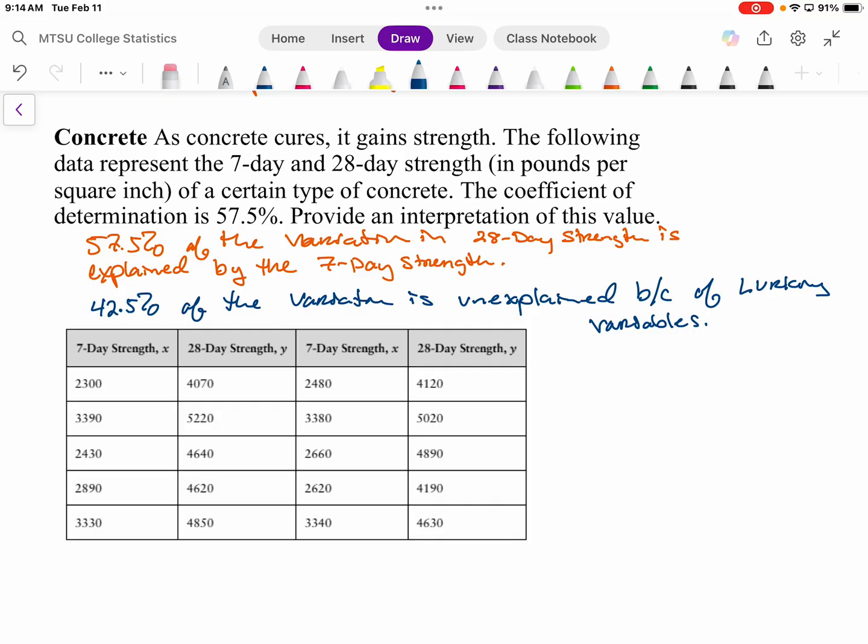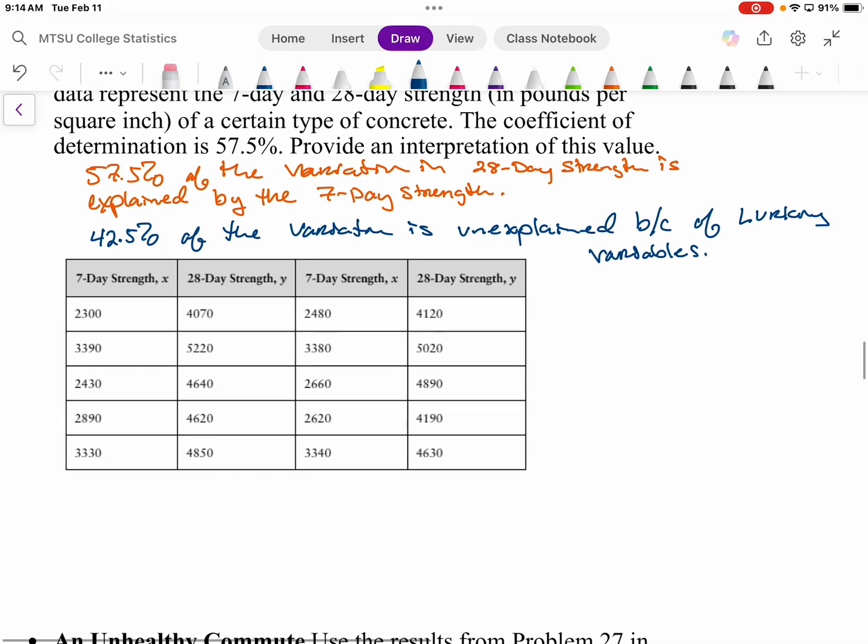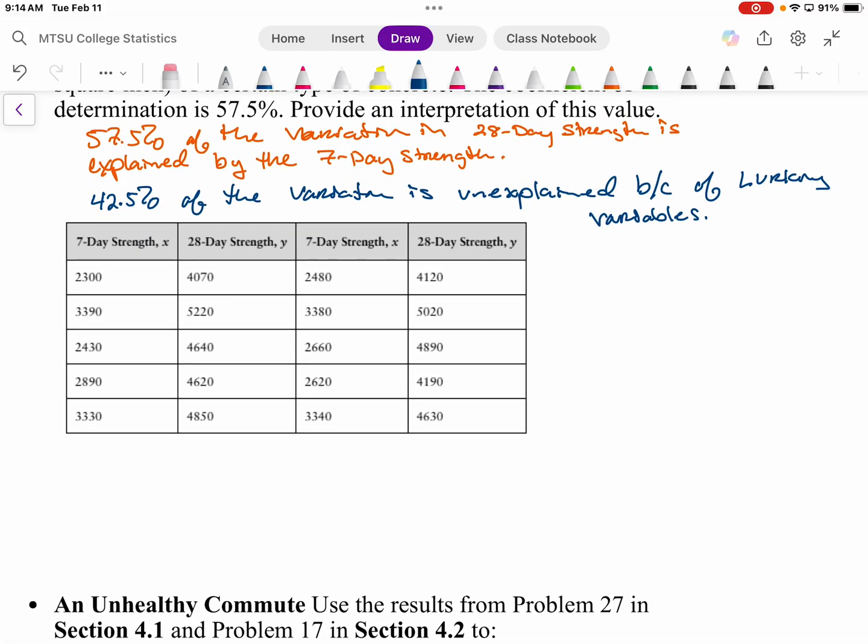That was just over wear and tear as weather made things erode on it. Then some of that could be happening in the very beginning building stage. If you don't do the concrete in optimal conditions, it's not going to dry and cure the way it needs to. So there are some other variations there. Maybe it's the cold temperatures. Obviously, it would be rain today. Those would be some lurking variables that would cause the variation.